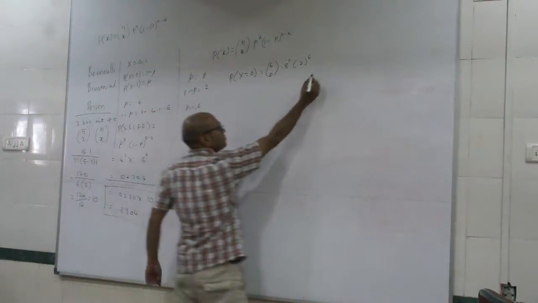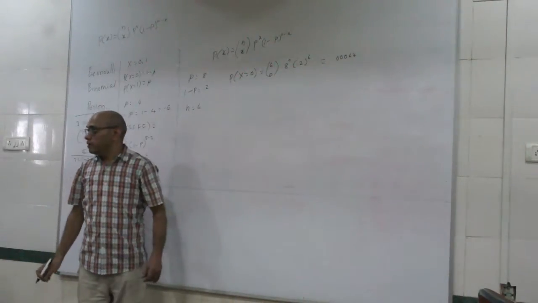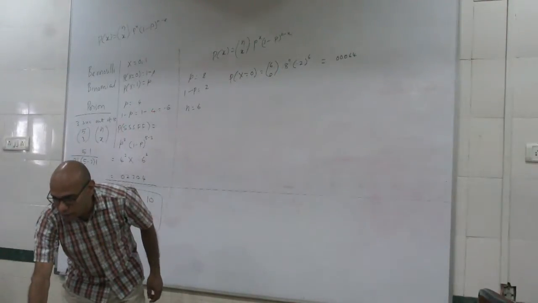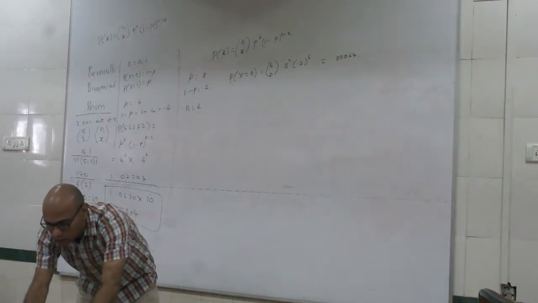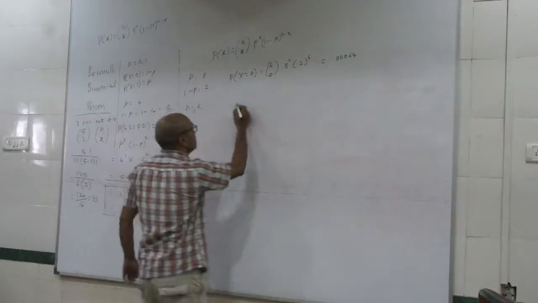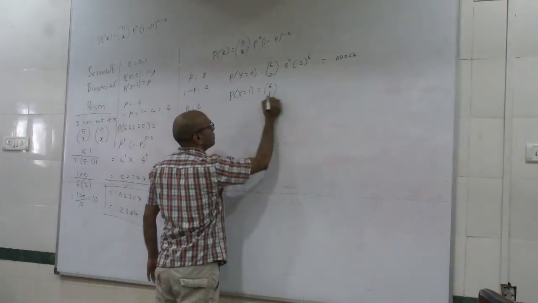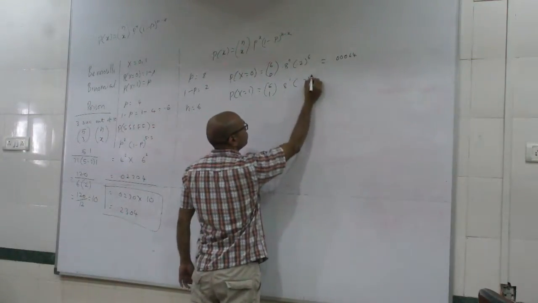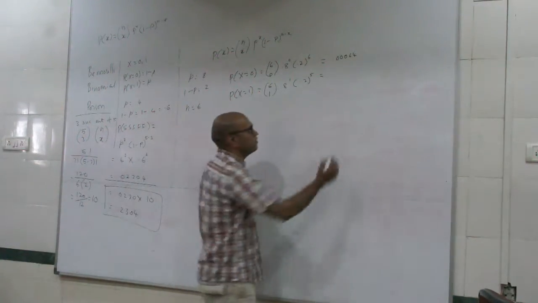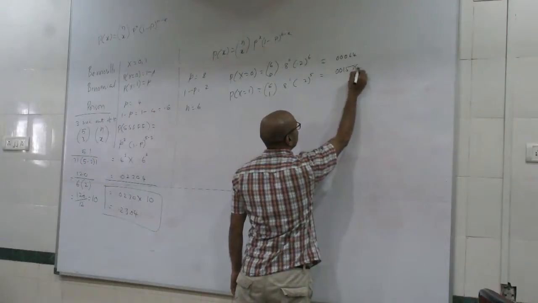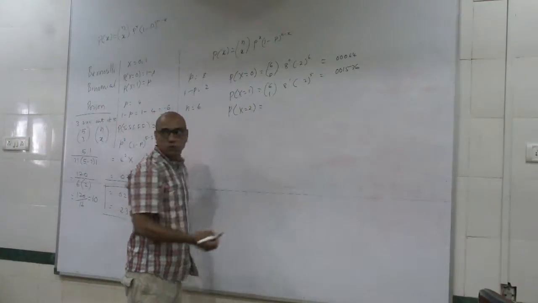So this turns out to be 0.00064, right? The probability that X takes a value 1 is equal to 6C1, 0.8 raised to 1, 0.2 raised to 5, which is equal to 0.001536. So P of X equal to 2 is equal to, yes.